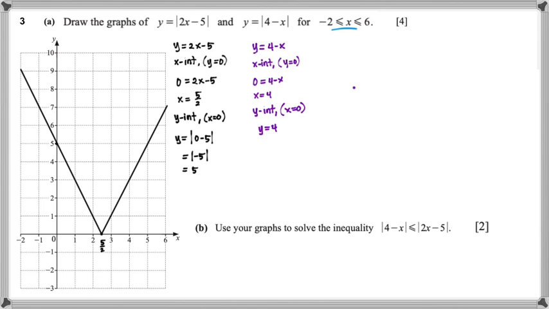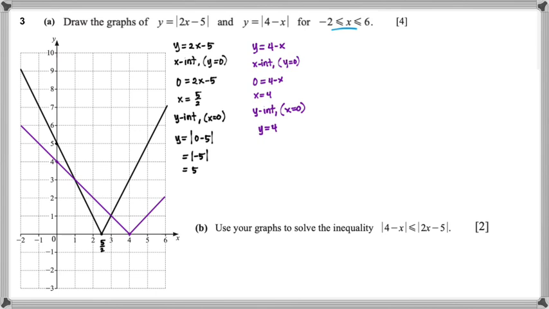So we have 0, 4, which is this point, and 4, 0. Connecting these two points, we reflect it around here. Yep, so there you go.